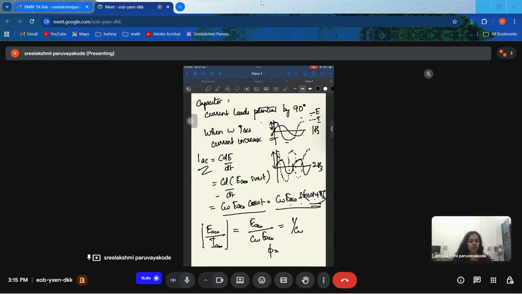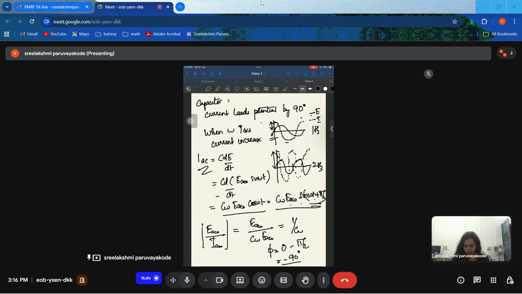EAC is the potential we are giving, which is in our control, so we say it is at phase 0. And the current is at a phase of pi by 2, it's leading. So 0 minus pi by 2 is minus 90 degrees. So the phase for the impedance of a capacitor is negative 90 degrees. So that's why 1 by C omega.